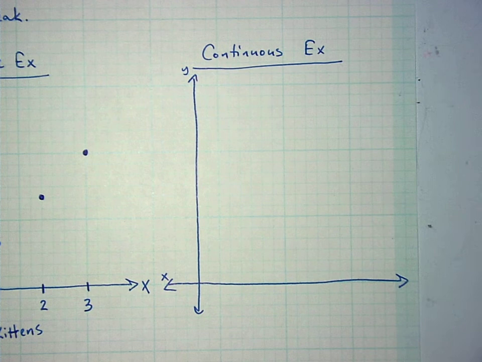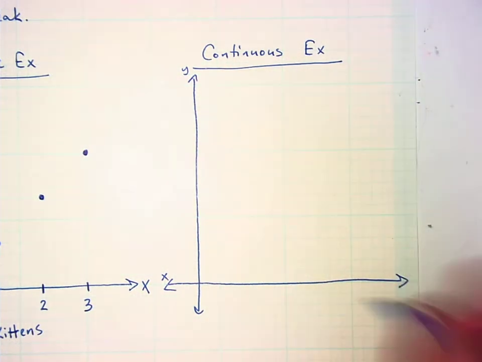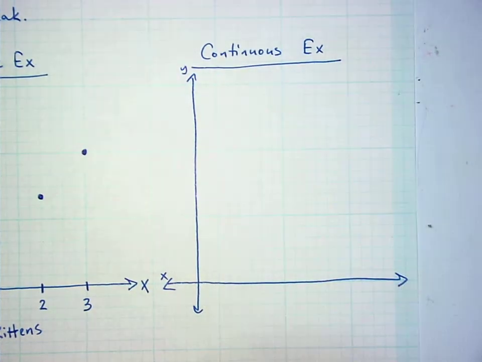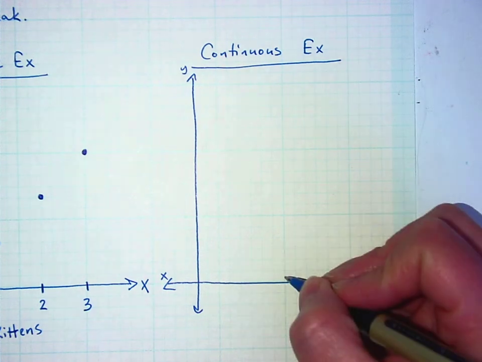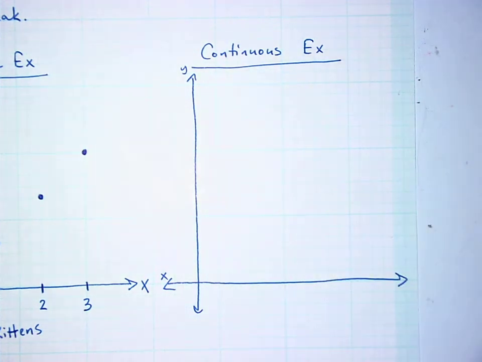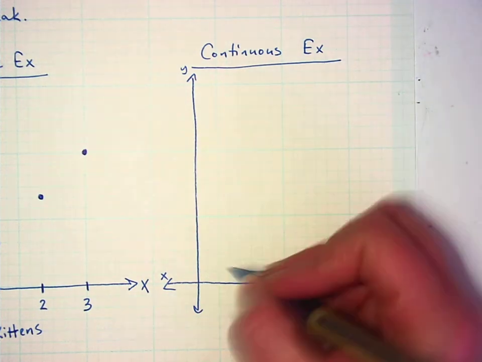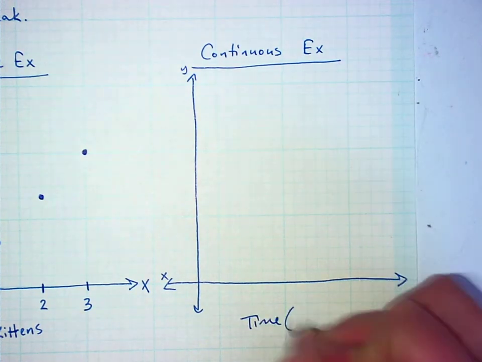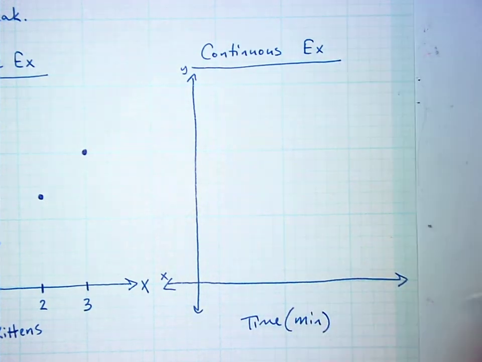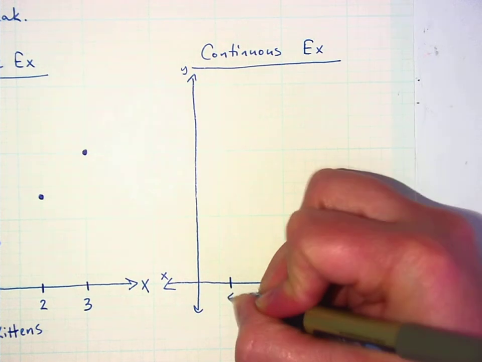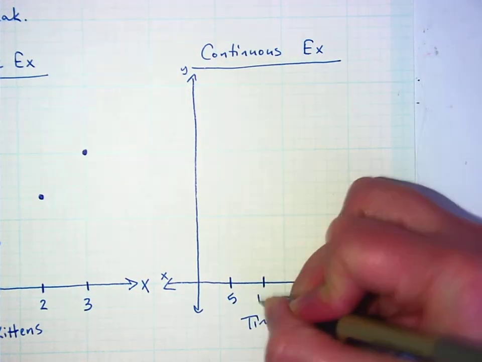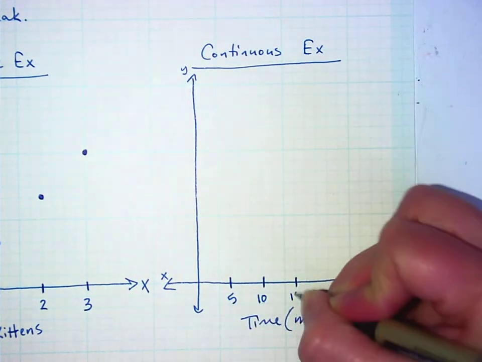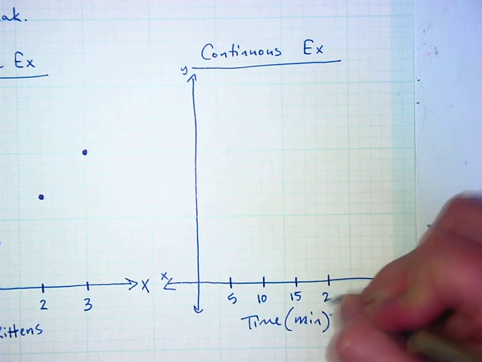All right, so anyway, let's say that we're filling a pool, and it fills about 60 gallons every 5 minutes. Okay? So I'm gonna start making marks down here. This is time down here that I'm measuring in minutes. This is 5, 10, 15, 20.